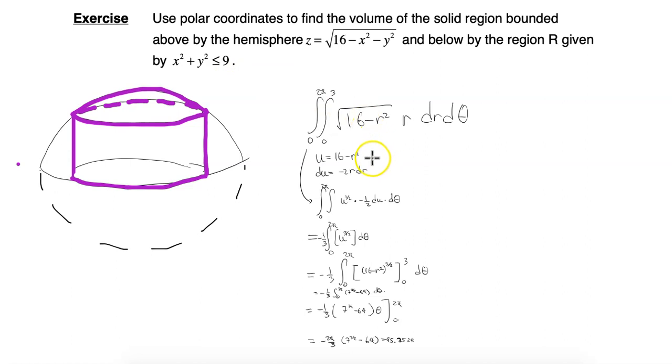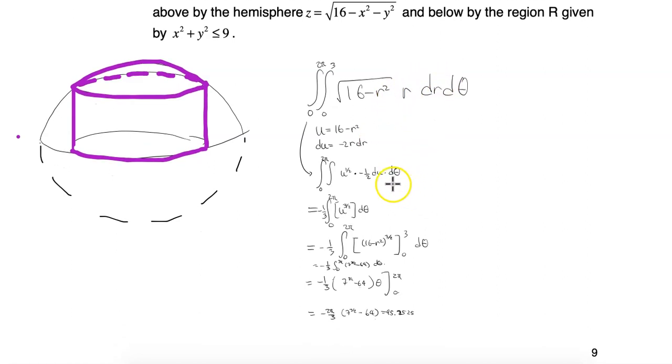Here, we can use a u substitution, u equals 16 minus r squared, which is quite convenient because du equals negative 2 r dr, so it's going to absorb this part. And we get that, and from here it's not hard at all. We can integrate in terms of u, substitute.